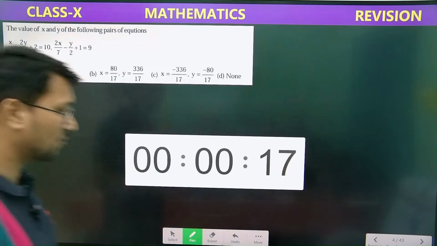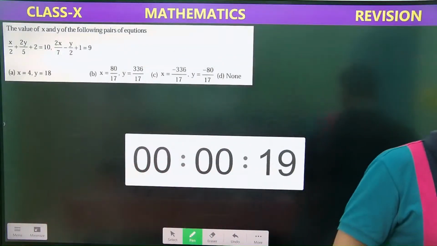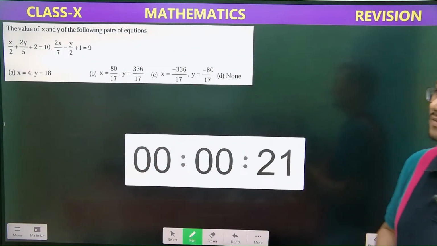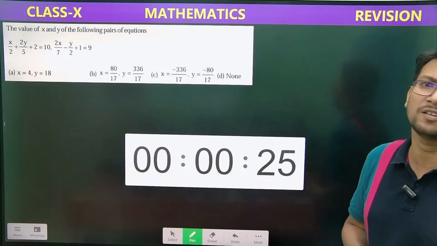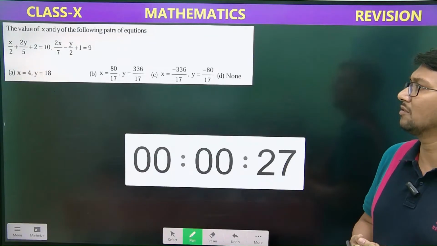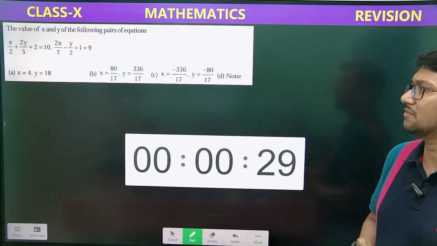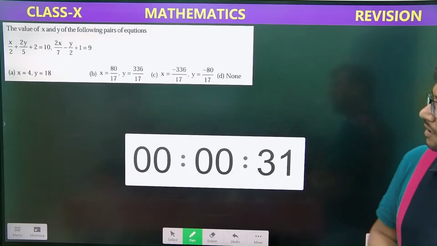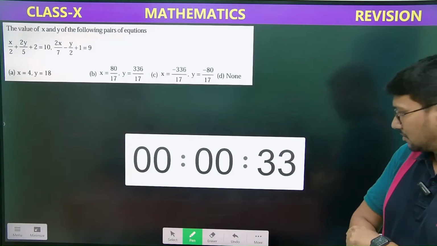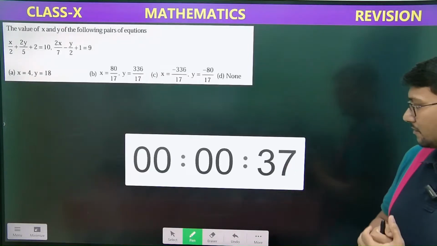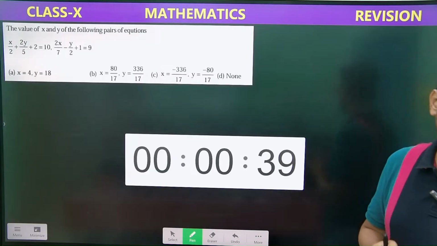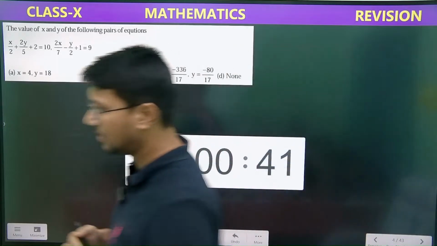Maximum 2 minutes you'll get to solve. All are PYQs from CBSE board, as well as some questions from exemplar. Chalo fatafat solve karo. Only 2 minutes in your hand.